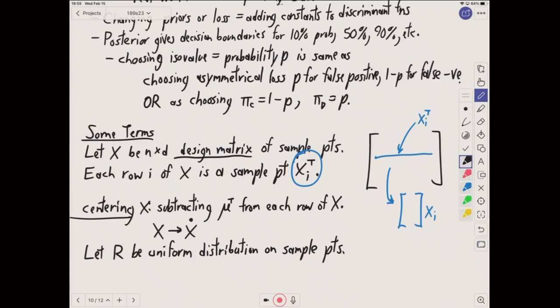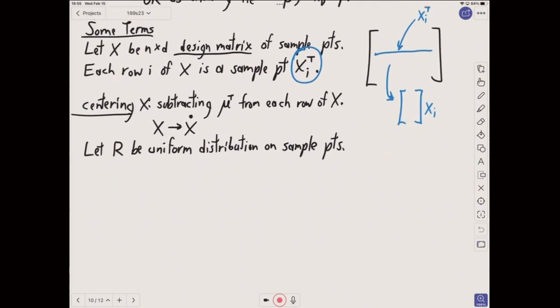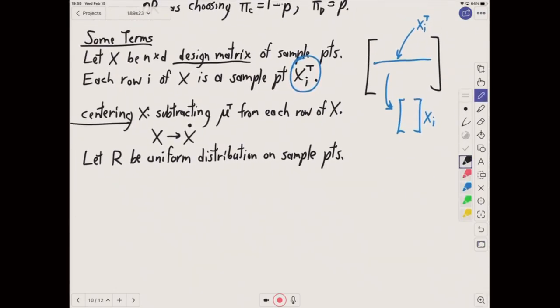What it means is I'm taking a hat, I'm putting all the sample points into a hat, I'm stirring it well, I'm reaching into the hat and pulling out one sample point at random. That's what R is. When you take the covariance matrix of that distribution, R, that gives us something that we call the sample covariance matrix.